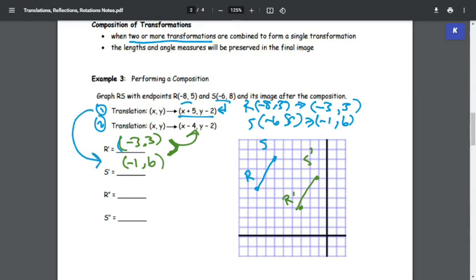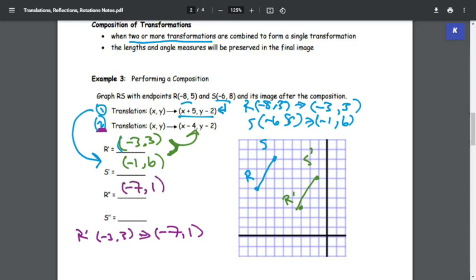Now that I have those, plugging in my green, let's do this in purple. I'm going to take those R prime coordinates and plug them into this second transformation rule. So when I do that, I got -3, plugging that into that -4. That's going to give me -7. That +3 is going to give me a 1.